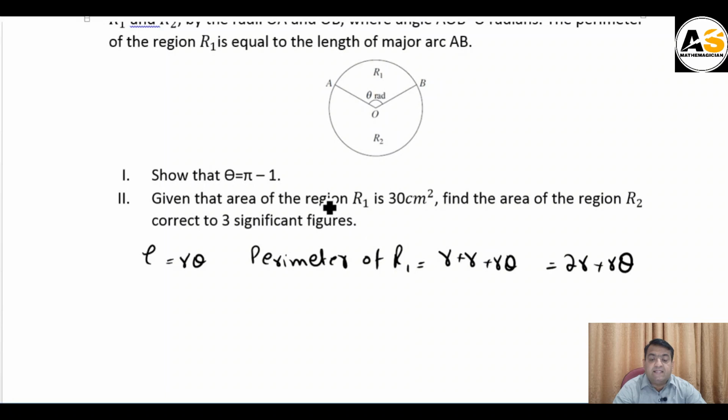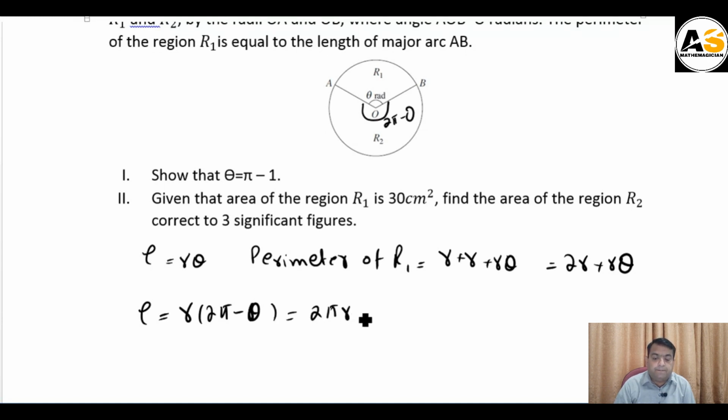And what is arc length AB? This angle will be 2 pi minus theta. So this arc length AB will be equal to r into 2 pi minus theta, which will be 2 pi r minus r theta.